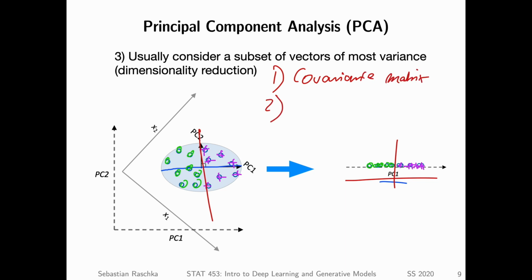Then you would do the eigendecomposition to get the eigenvectors and eigenvalues. So you have the eigenpairs, where the eigenpair consists of the eigenvalue and the corresponding eigenvector.